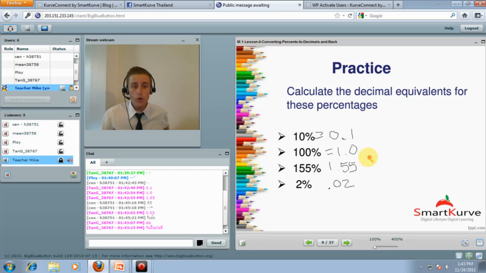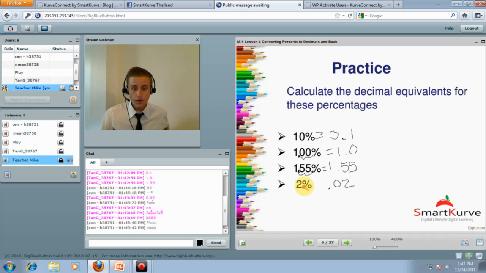In all of these, all we did was move the decimal 2 spots. So when you have a number, you know the decimal point is at the end of the number. So for 155, the decimal point is at the end. So we move it 2 spots over, and that is the decimal of the percent, 1.55.